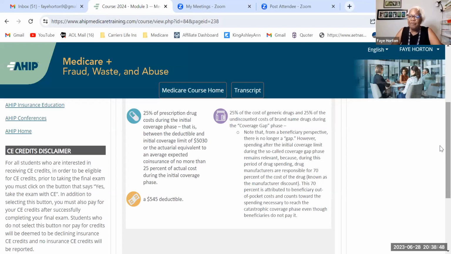However, spending after the initial coverage limit during the so-called coverage gap phase remains relevant because during this period of drug spending, drug manufacturers are responsible for 70% of the cost of the drug, known as the manufacturer discount. This 70% is attributed to beneficiary out-of-pocket costs and counts towards the spending necessary to reach the catastrophic coverage phase, even though the beneficiary isn't paying it.